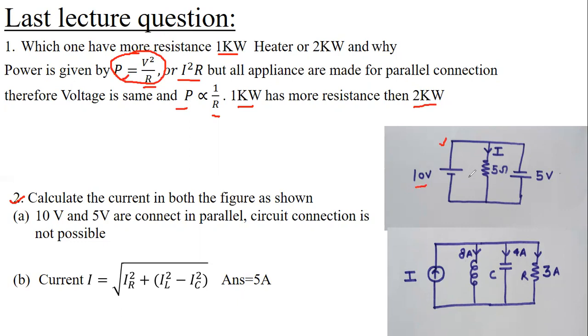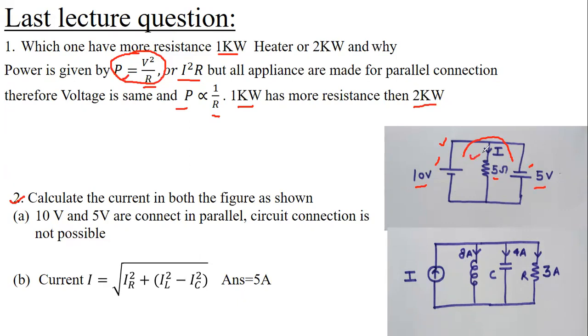In this, the 10 volt, 5 volt, 5 ohm resistance and 5 volt are all connected in parallel. So basically, the 10 volt supply is connected to the 5 volt in parallel, and in parallel connection voltage is always the same. So this 10 volt makes a short circuit with the 5 volt supply, and practically it is not possible to make such a circuit.